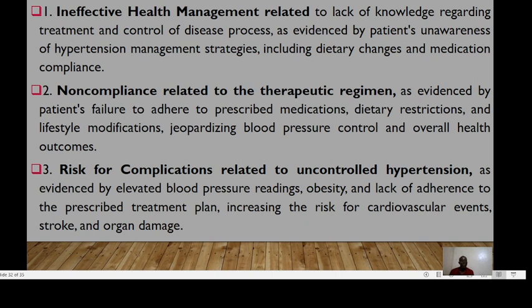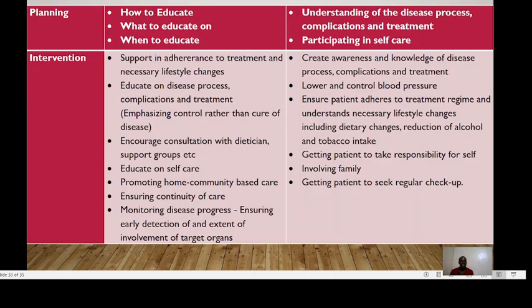We also have non-compliance related to therapeutic regimen, as evidenced by patients' failure to adhere to the prescribed drugs, dietary restrictions, and lifestyle modification, jeopardizing blood pressure control and overall health outcome. Risk for complication related to uncontrolled hypertension, as evidenced by elevated blood pressure reading, obesity, and lack of adherence to the prescribed medication.